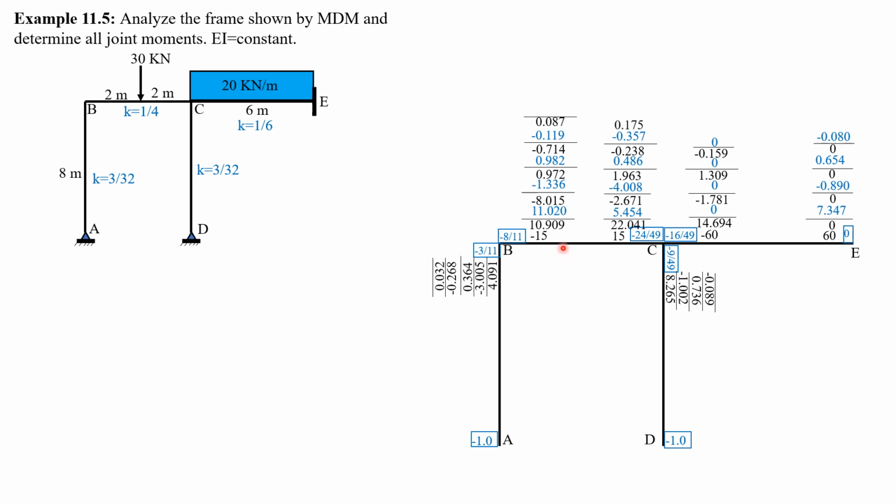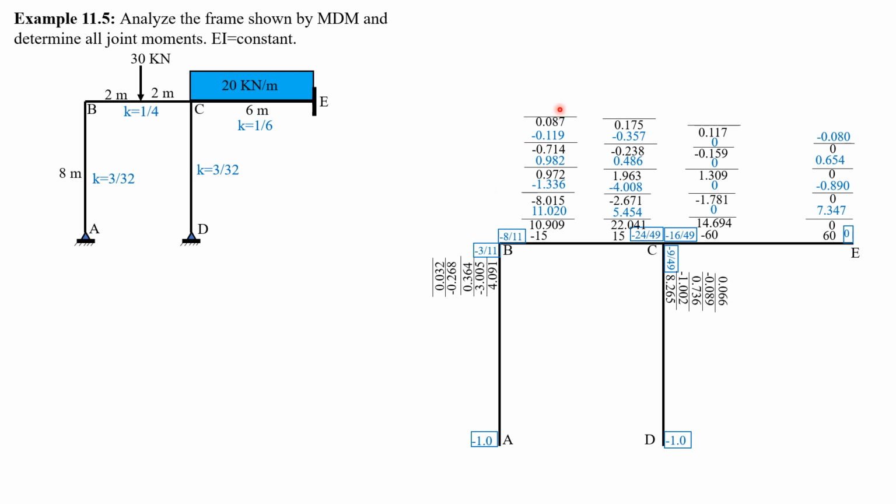There are still values here where the unbalanced moment is greater than 0.1. So this is carry over. These are the new unbalanced moments. We should end up at distribute.